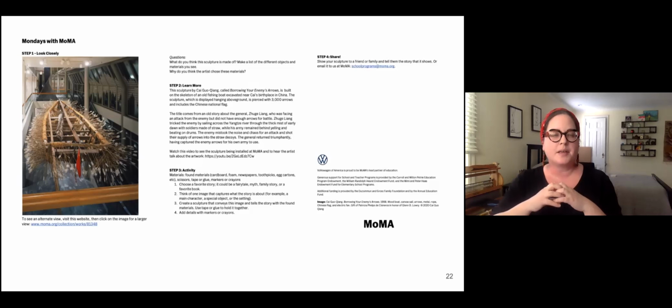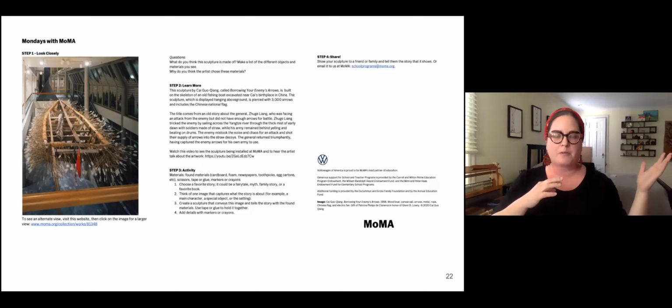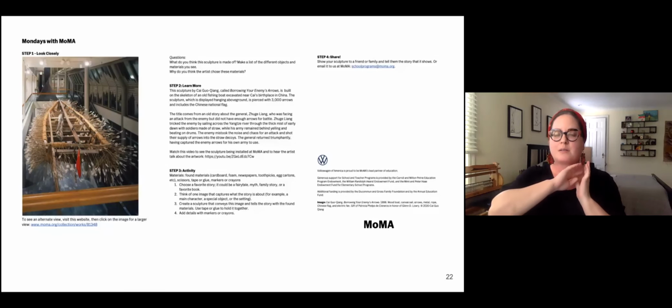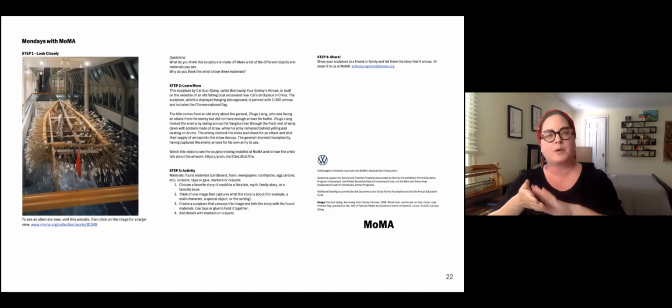In some lessons, it's about the autobiography of the artist, because that is important to understanding what the work is. In this lesson that we're looking at, we could have gone down the road of how this work was created and how it was installed at MoMA, because that's a very interesting story. But we decided to focus on the story, the myth that it's based off of, because that was what we really wanted them to get to.